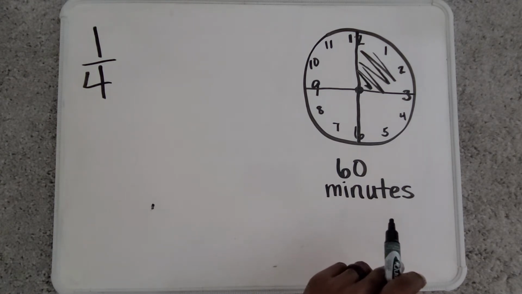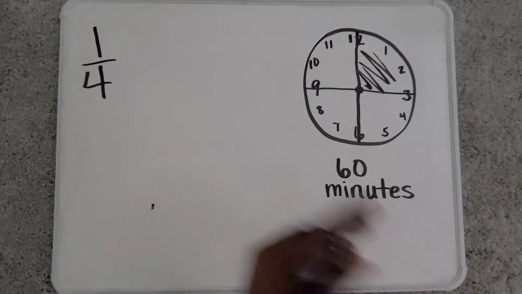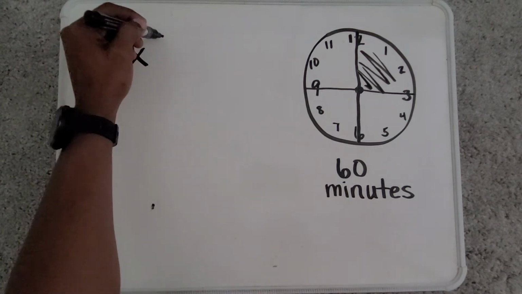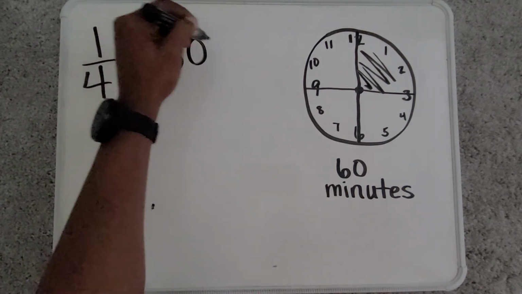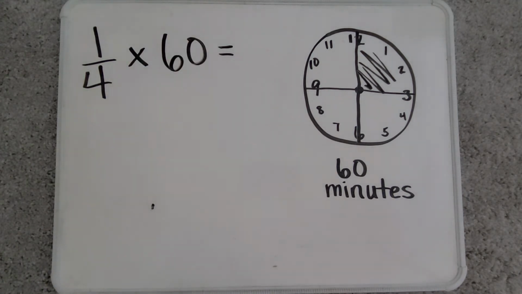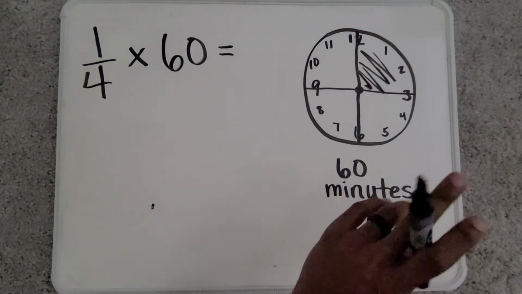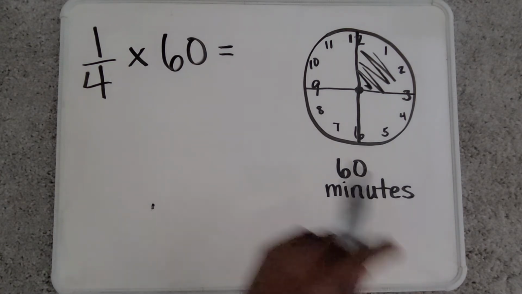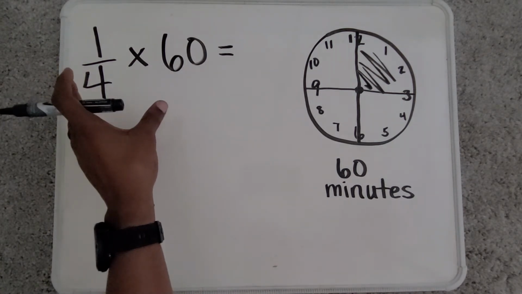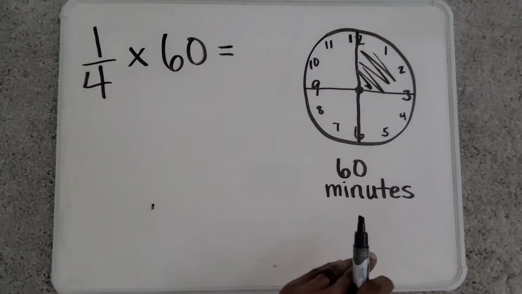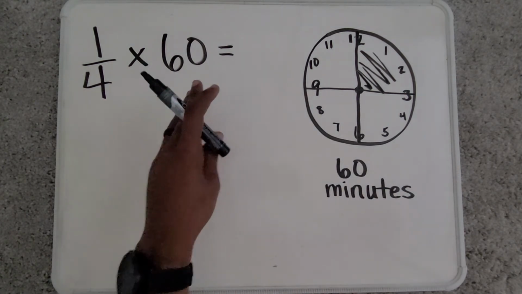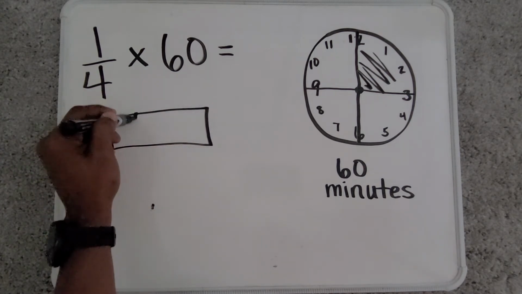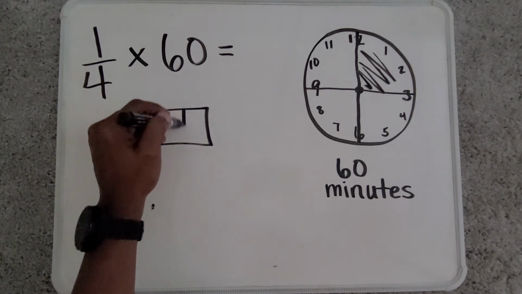we can write a multiplication equation. 1/4 of 60 minutes is equal to. Now, there's several ways we can complete this. When I'm thinking about 1/4 of 60, that means that I'm looking for 1/4 of 60.